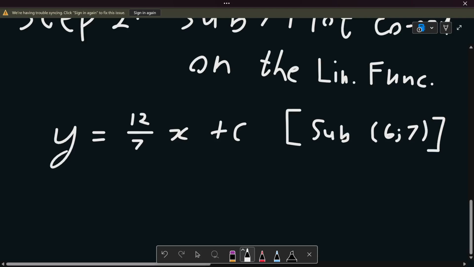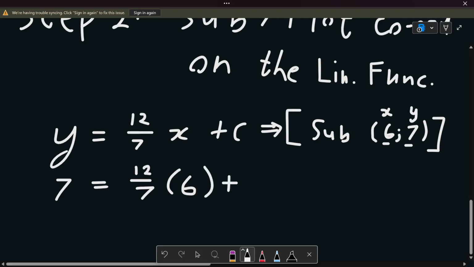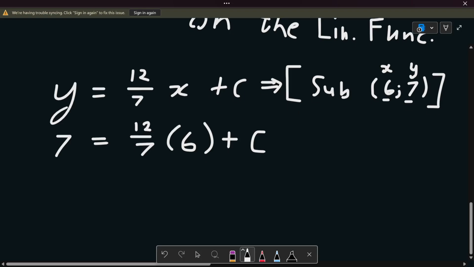So we're basically telling the teacher over here that we are going to substitute the coordinates 6 and 7, where we have 6 being the x value, and then 7 being the y value, which is still represented by the coordinates. So we substitute the 7 into y of this equation, which is going to be equal to 12 over 7, multiplied by the x value, which is 6, plus c. Now, what you can see over here is that we now have one variable that we can deal with, and we need to solve for c.